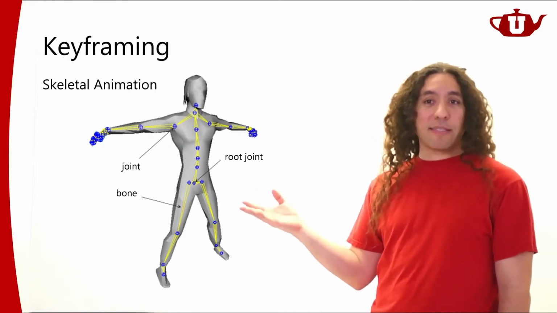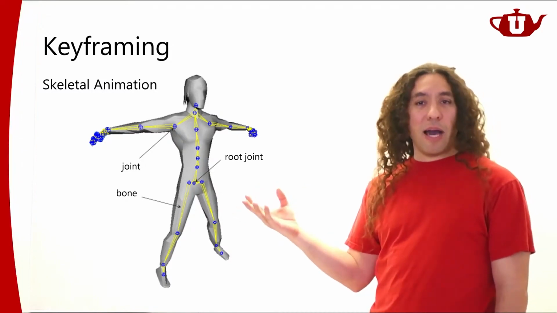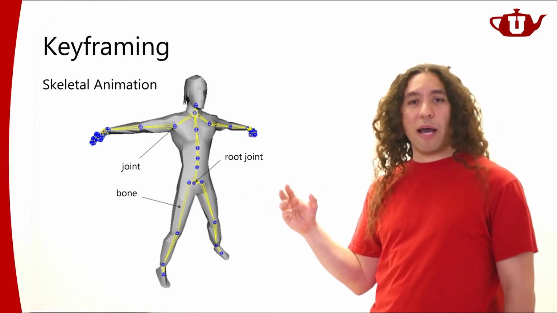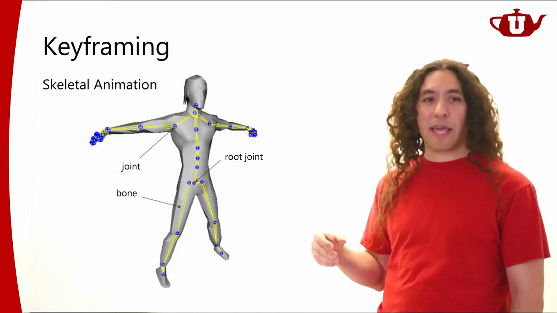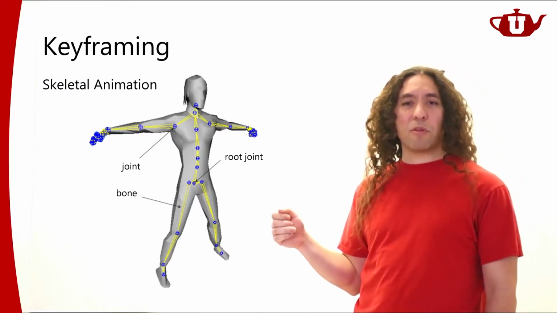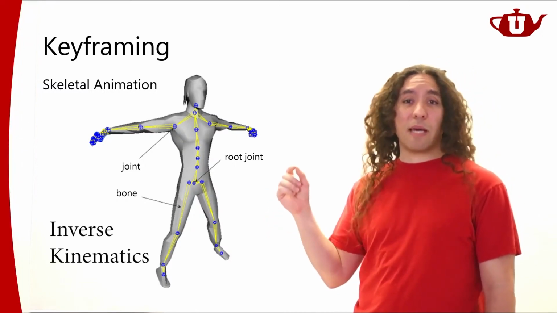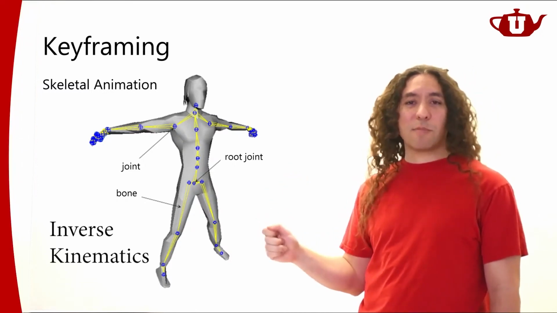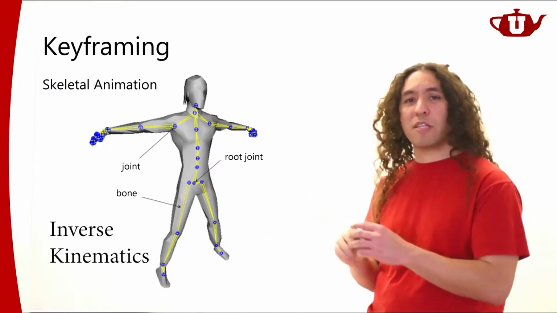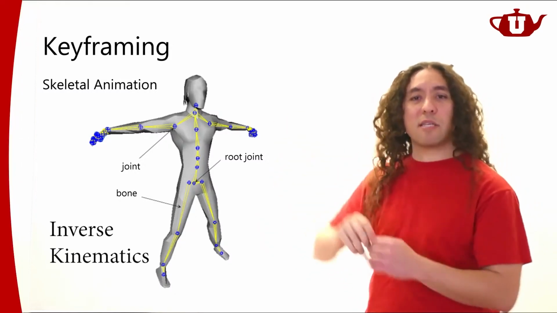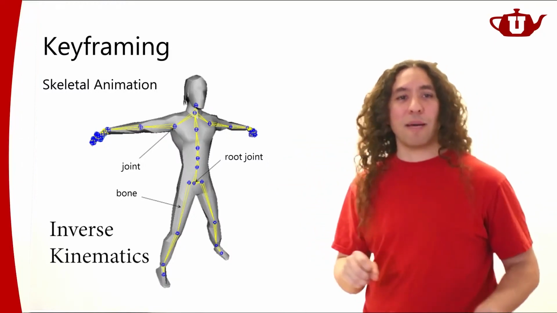Now the skeleton is defined by these bones and joints. And typically, as you would expect from a skeleton, I define the motion by rotating these joints. Right? There are different ways of defining this skeleton. A lot of times people prefer using inverse kinematics. For example, I can specify exactly where the hand is supposed to be, and inverse kinematics computation figures out what the joint angles are supposed to be so that the hand is exactly at that position.